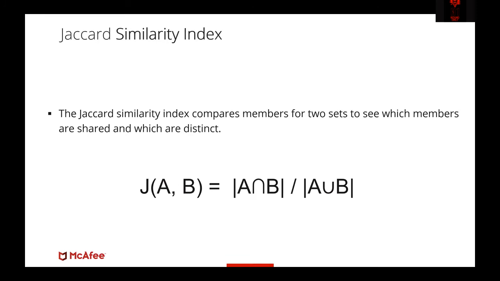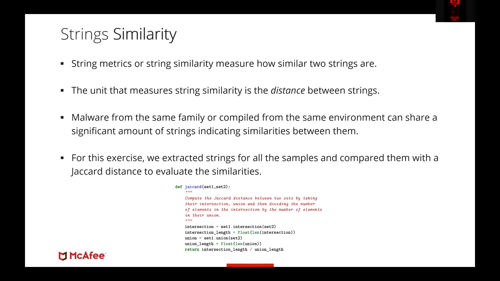So basically the goal of that is to directly spot the similarity between two sets of objects. We also use the Jaccard Similarity Index, which is basically an index used to compare members of two sets. We will deep dive more in detail about this concept, but basically we will use the Jaccard Index, which will help us calculate the distance between two different sets. The first thing we use with graph correlation is string similarities.